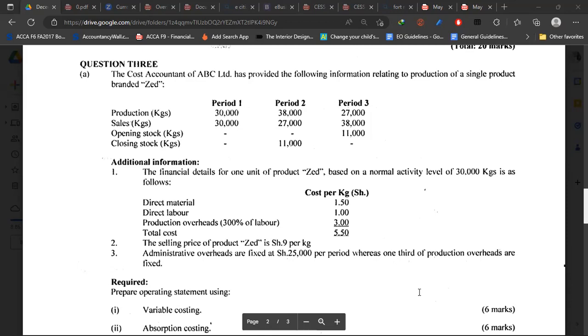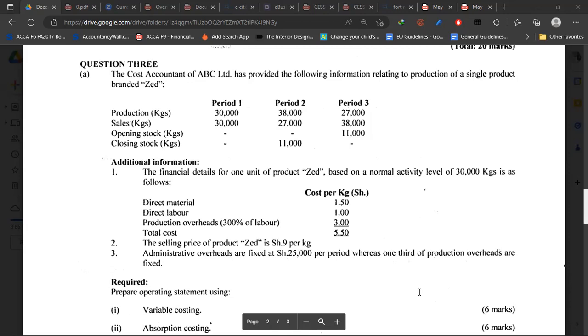Administrative overheads are fixed at 25,000 shillings per period, whereas 1/3 of production overheads are fixed. Required: prepare operating statement using 1, variable costing, 2, absorption costing.